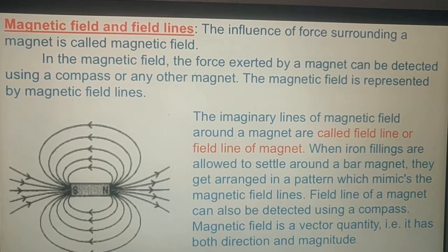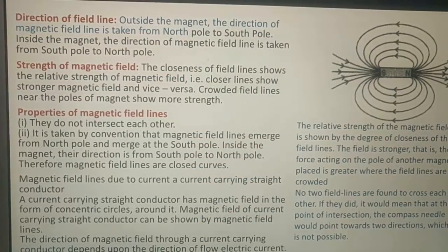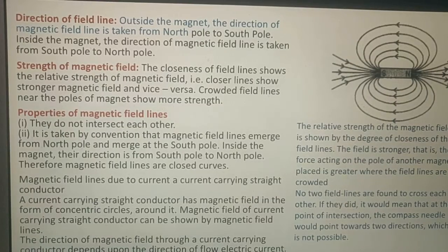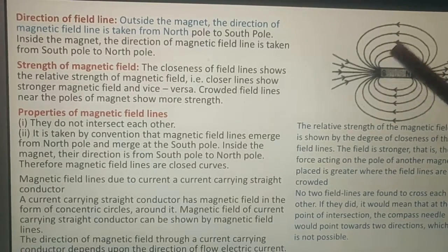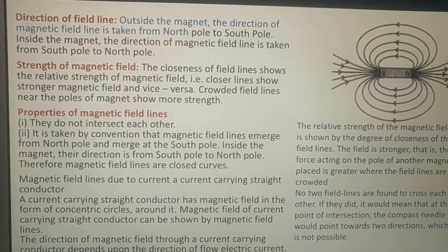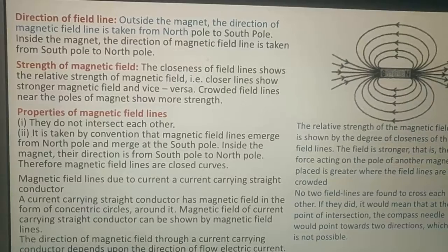Magnetic field is a vector quantity, that is, it has both direction and magnitude. Now, direction of field lines: outside the magnet, the direction of magnetic field lines is taken from north to south. Inside the magnet, the direction is from south to north.